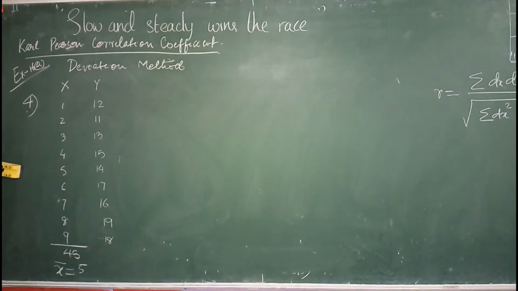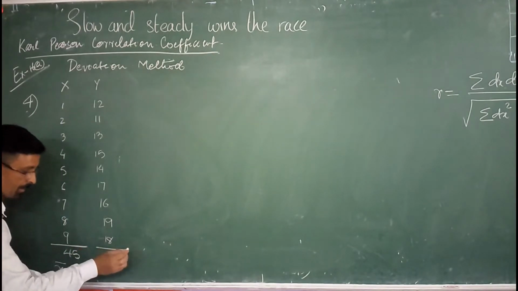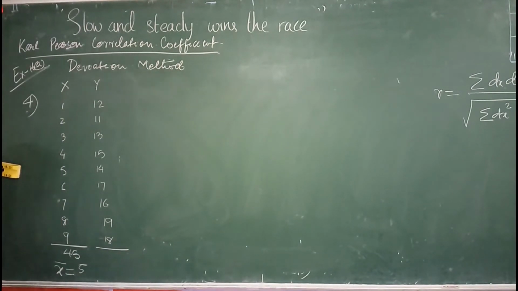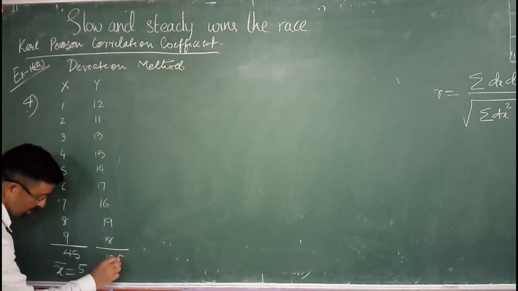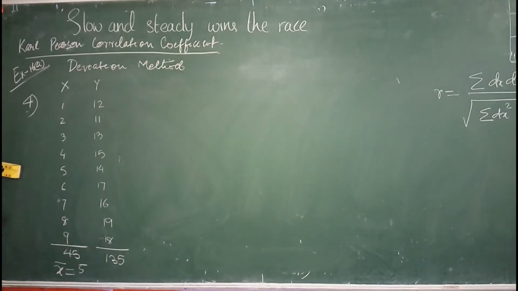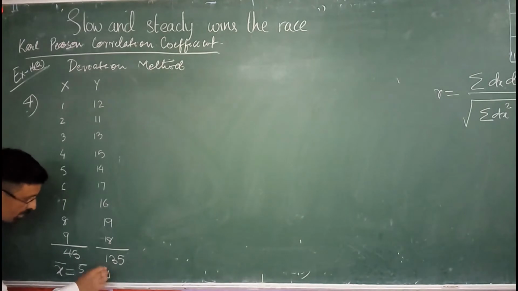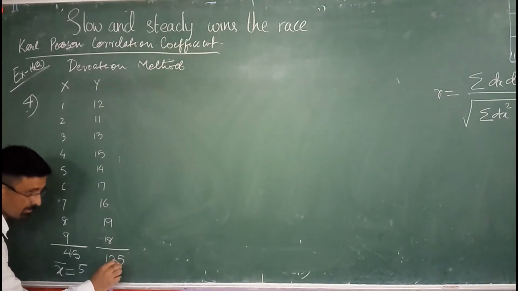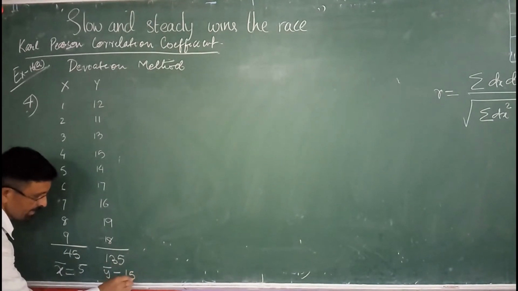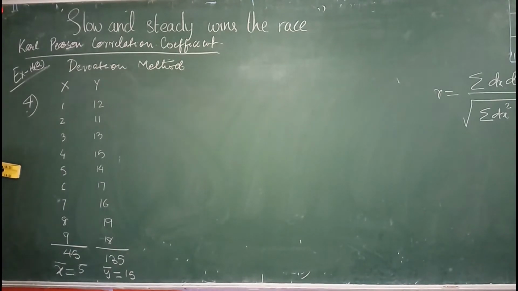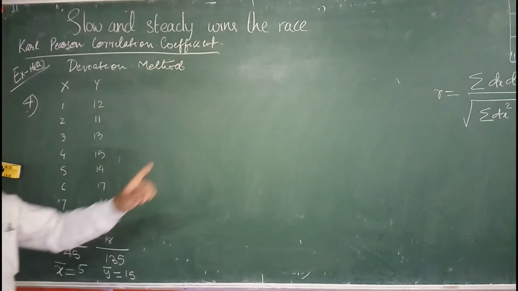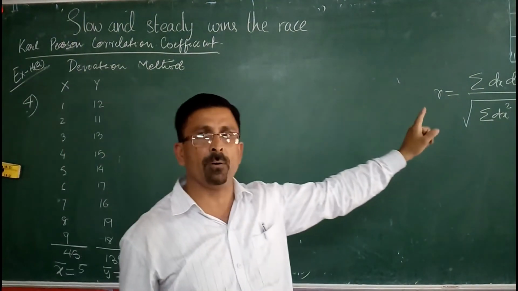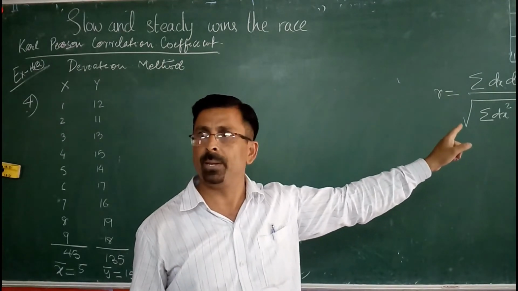Likewise, we can take the sum total of the y column. The sum total of this column is 135, and therefore the mean of the y column is 135 divided by 9, which is 15. Now, according to the formula, we need the deviation of x from the mean.